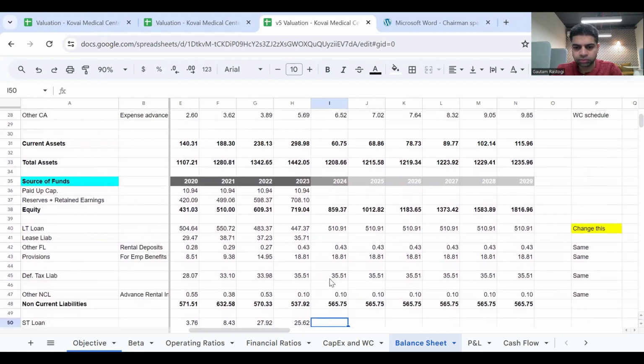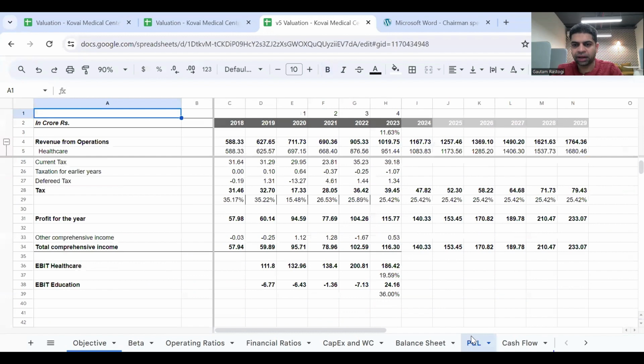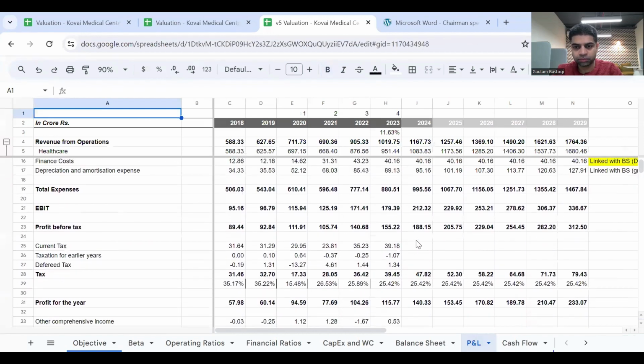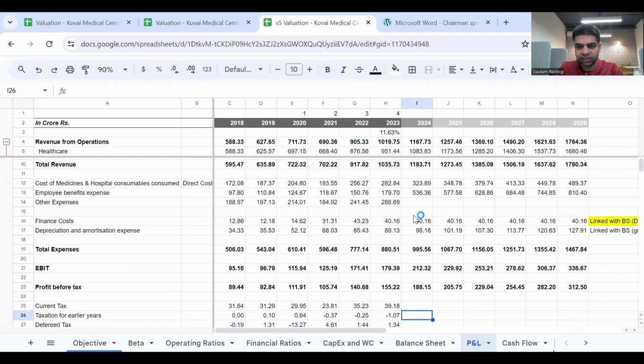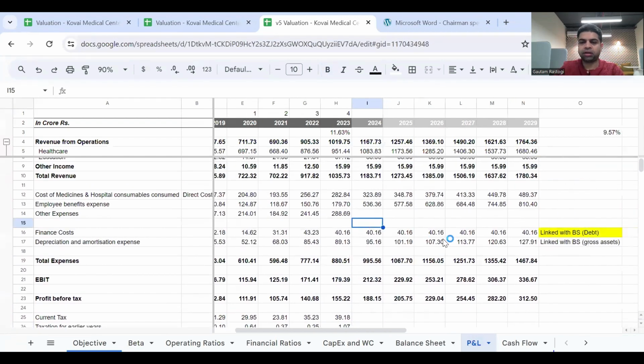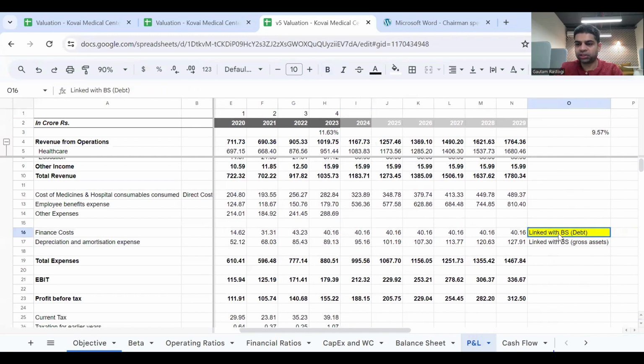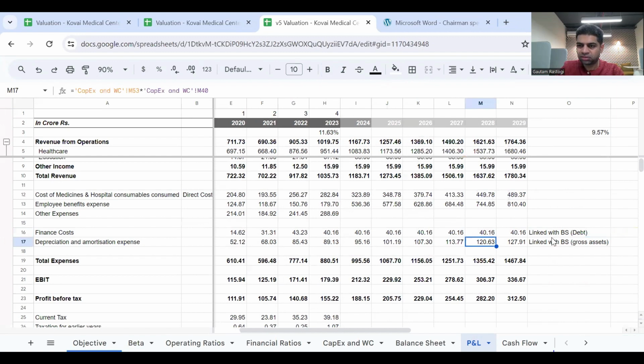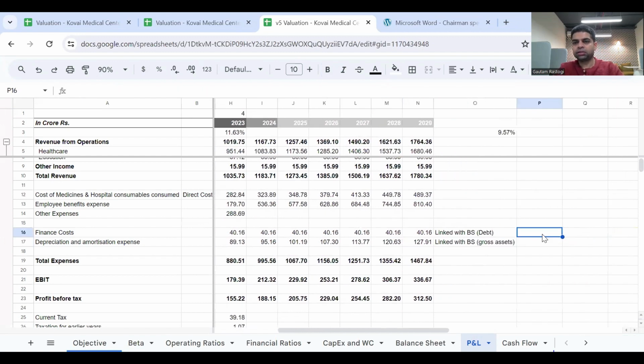Let's go to the P&L. In the P&L, the interest cost. Oh, it has been done. I had already linked the formula, so this is done as well. Great.